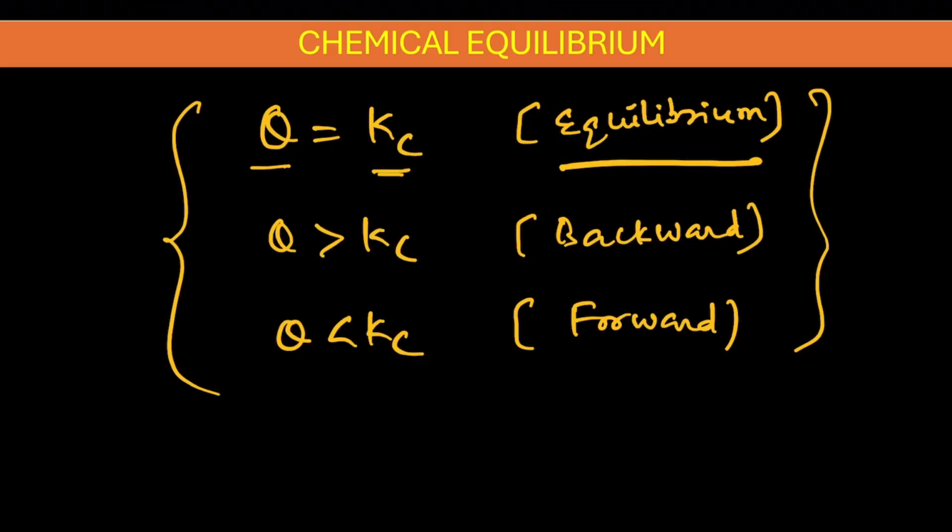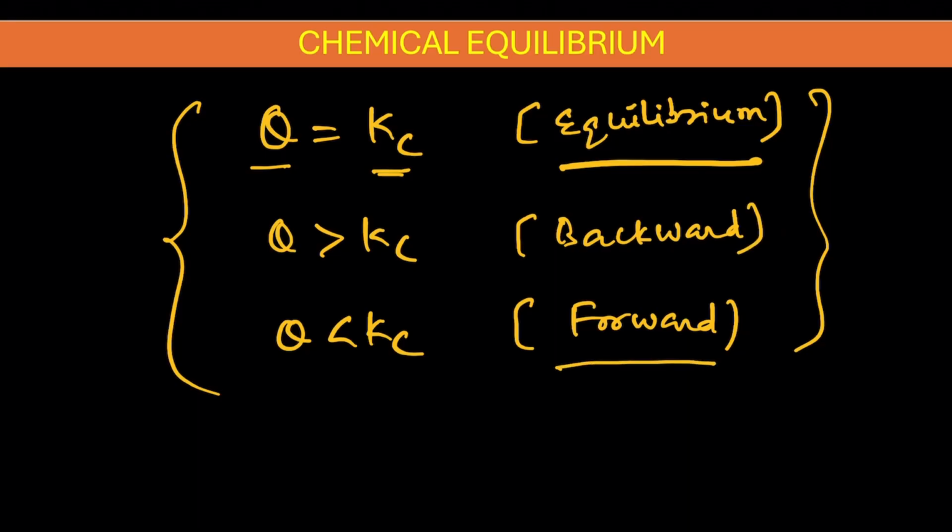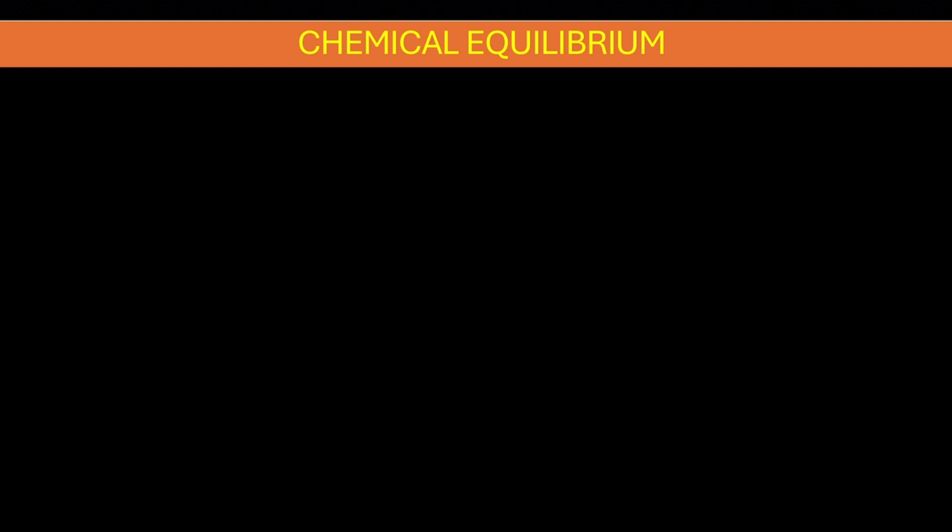If Q is less than Kc, that implies the product concentration is less than the reactant concentration at that given instant of time. So reactants being more, the reaction tends to proceed towards the formation of products, that is, the forward direction. So now let us calculate the Q value here.